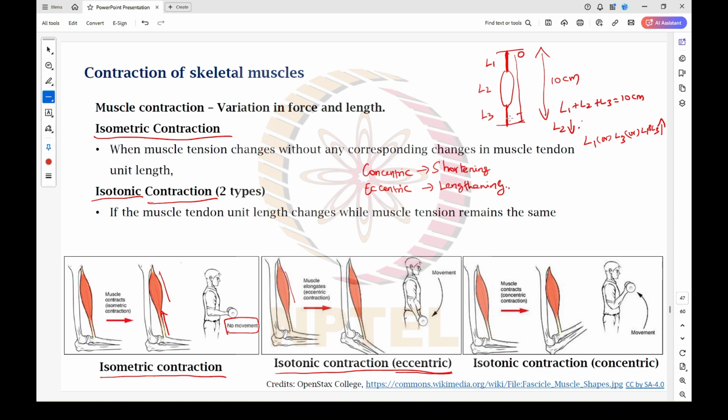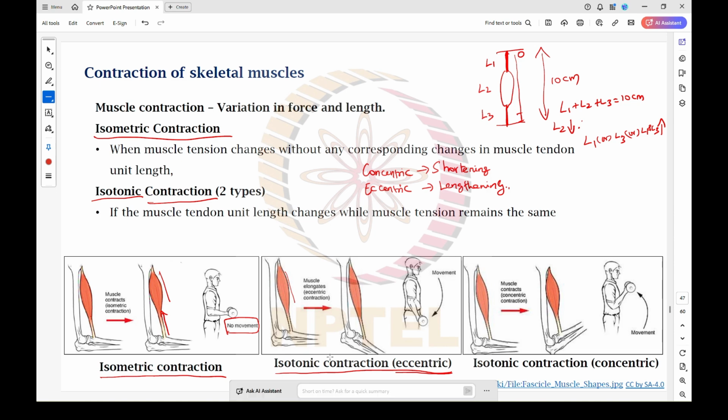The second type is the isotonic contraction, in which the force that is generated within the muscles remains the same, but the length of the muscle changes. These are of two types, either eccentric contraction or concentric contraction. In eccentric contraction, the muscle tendon length increases, and in case of concentric contraction, the muscle tendon length decreases.